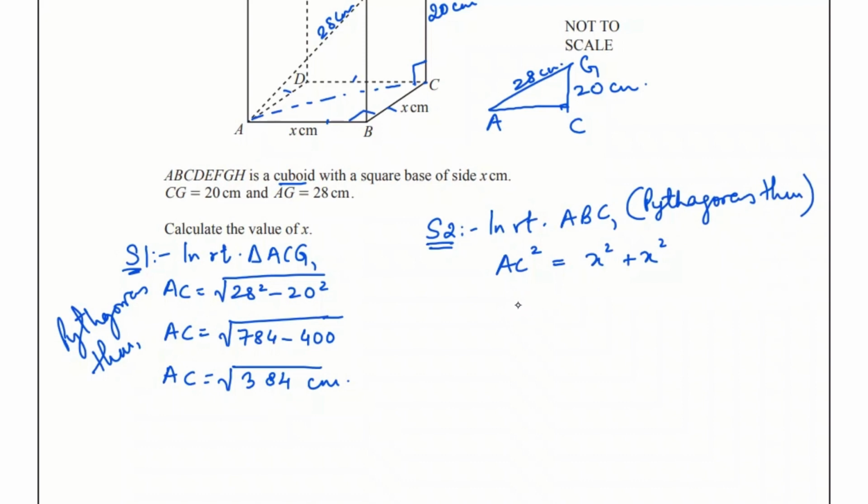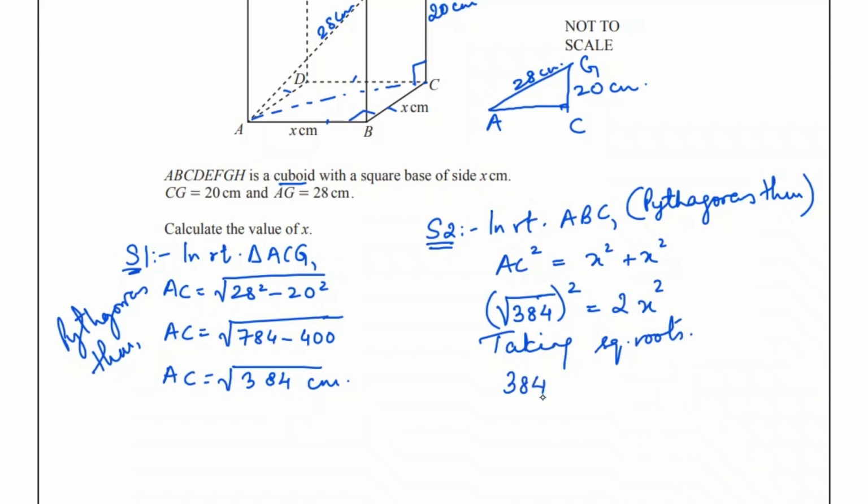So AC is root 384, squared equals 2 x square.